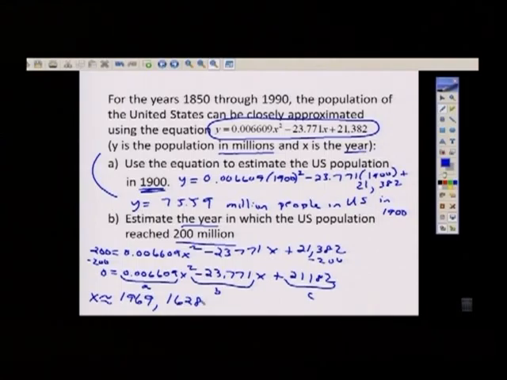Now, do you really think the population in the year 1628 was 200 million people? So if we have to go back, this is our domain. This equation only works for the years 1850 through 1990. So this solution we need to remove because it's not in our domain. So the year we are looking for here is the year 1969.